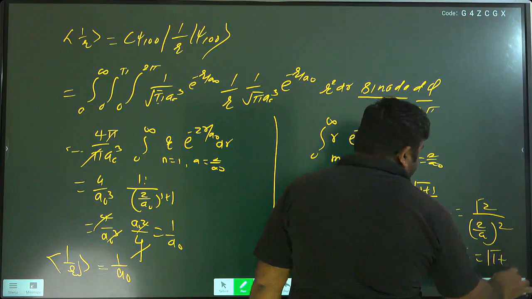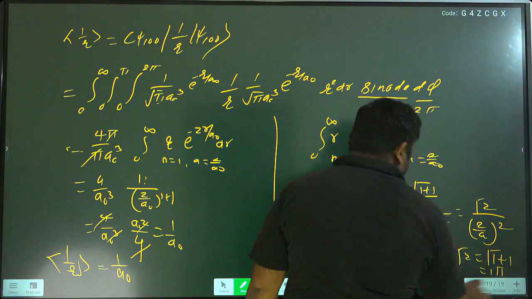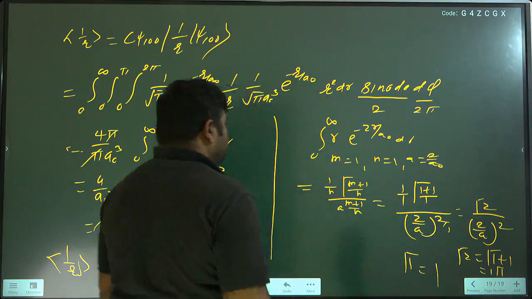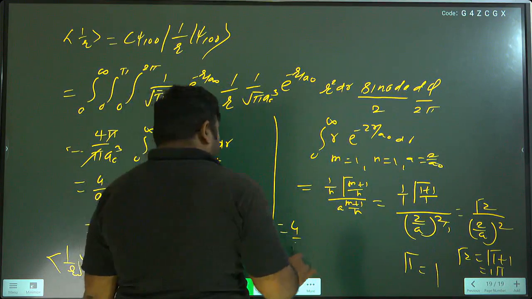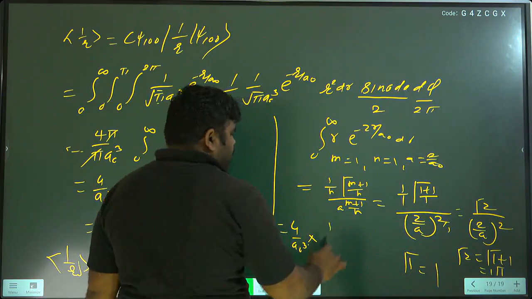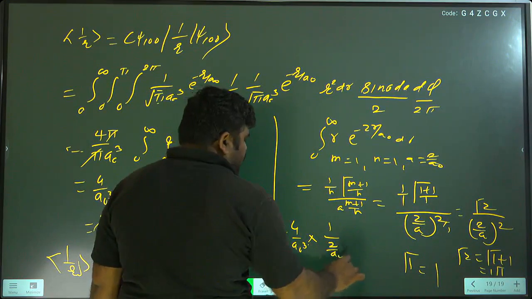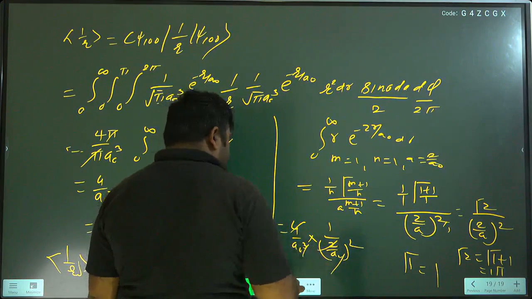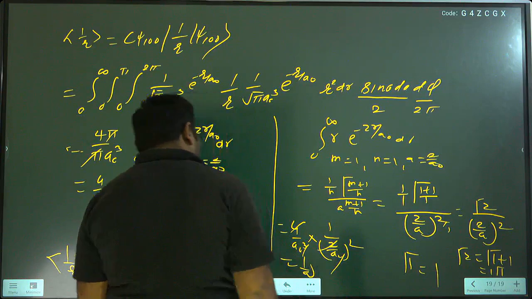Gamma 2 can be written as 1 plus 1, which is 1 gamma 1. And what is the value of gamma 1? Gamma 1 is equal to 1. And this is equal to how much? 4 upon a naught cube into, gamma 2 is 1, so 1 upon 2 upon a naught bracket squared. 4, 4 get cancelled. a square gets cancelled, means simply 1 upon a naught.